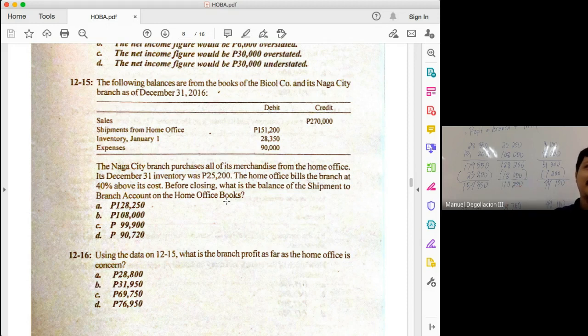So again, how else can that be asked? How much is the adjusted balance of the allowance? How much is the balance of the allowance at the end of the year? If you're asked for those, they mean you need to determine the markup on the ending inventory. Our answer would be 7,200. Okay.